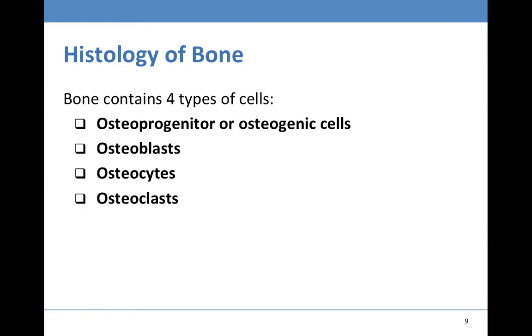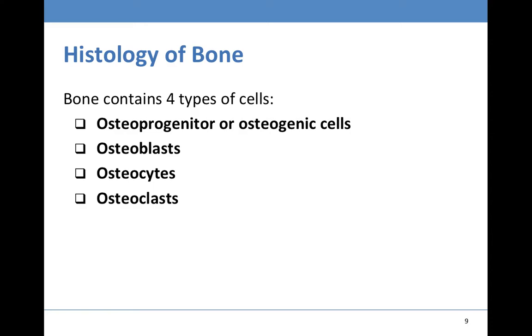But bone is going to be an osseous tissue that consists of widely separated cells surrounded by large amounts of our matrix. So remember when we talked about our tissue types, we said that we would have cells and then we would have the ground matrix to make these different tissues up. So bone has widely separated cells and large amounts of matrix.